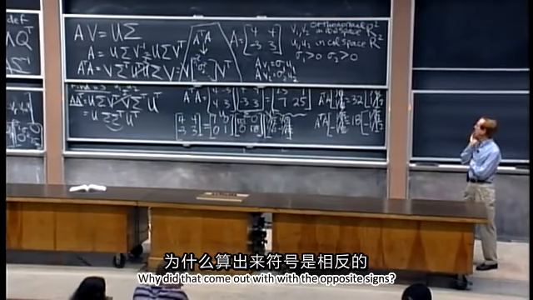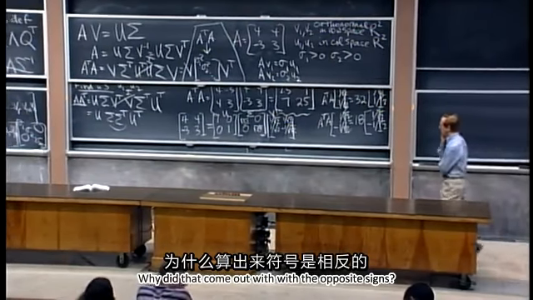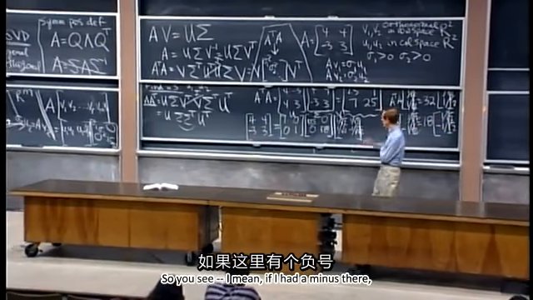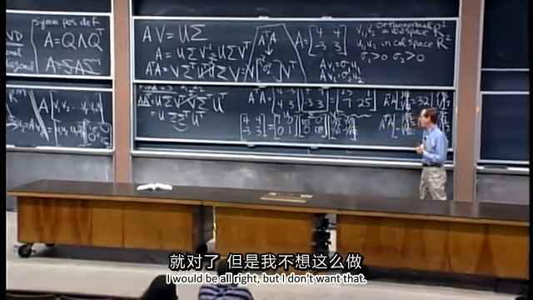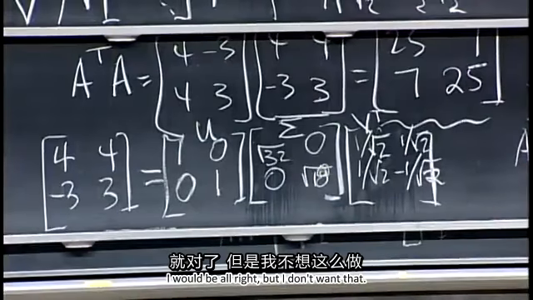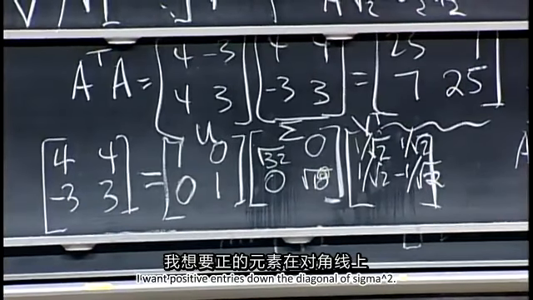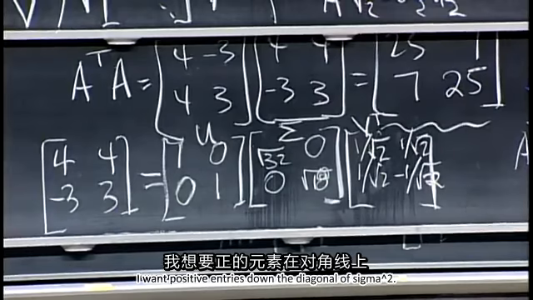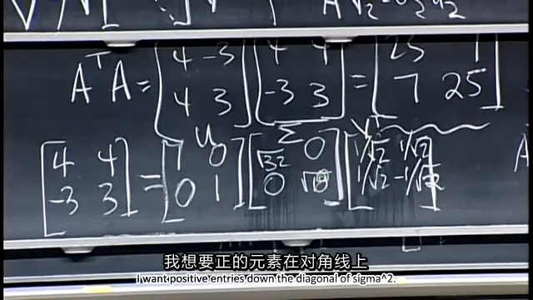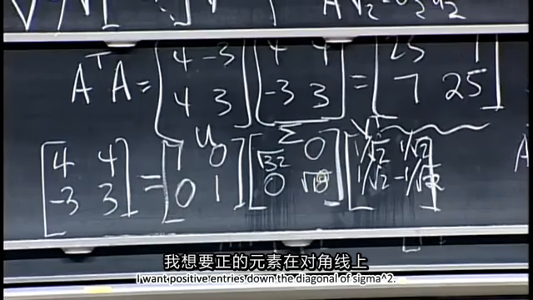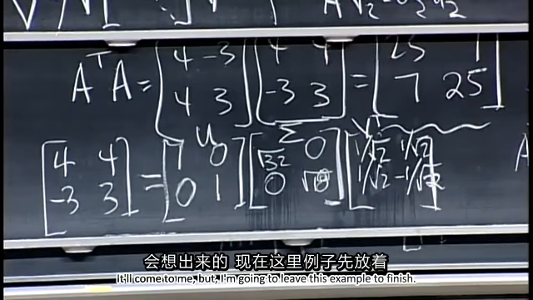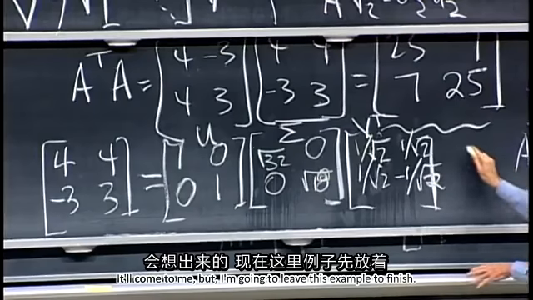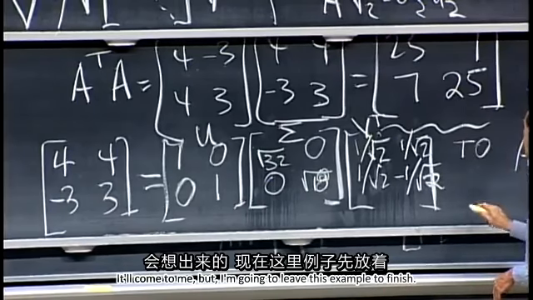Why did that come out with the opposite sign? So you see, if I had a minus there, I would be all right, but I don't want that. I want positive entries down the diagonal of sigma squared. Okay, it'll come to me, but I'm going to leave this example to finish.